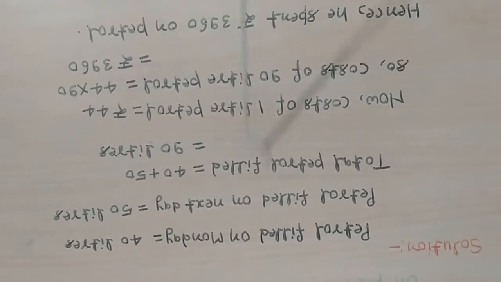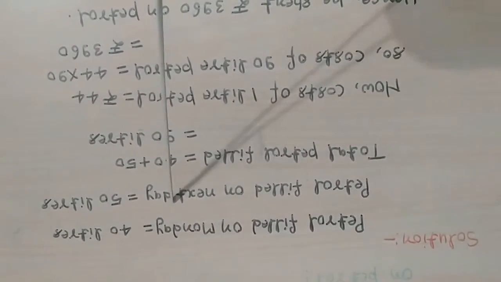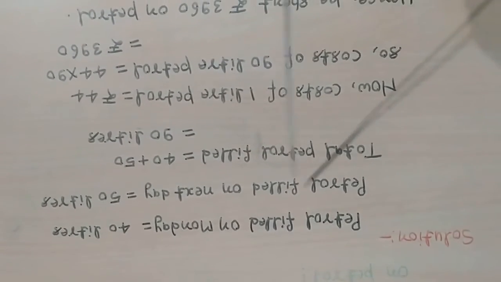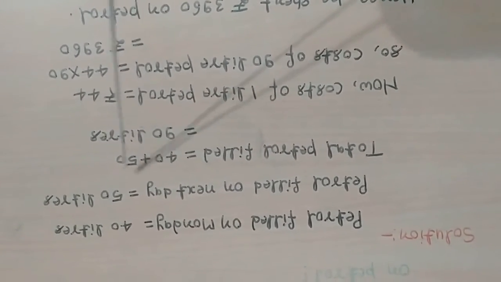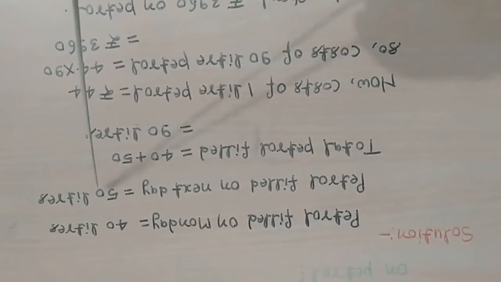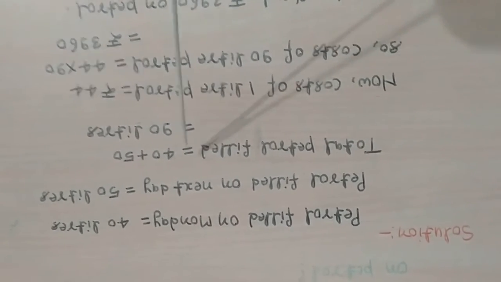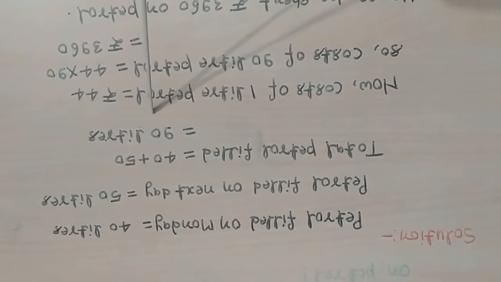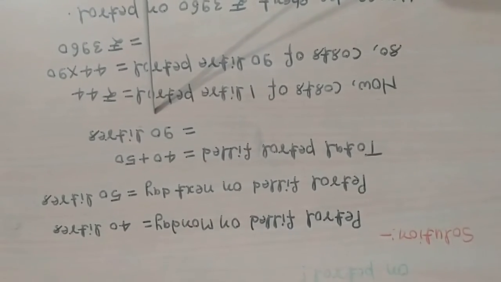Here, petrol filled on Monday is 40 liters according to the question, and the petrol filled the next day is 50 liters. So total petrol filled is 40 liters plus 50 liters, which becomes 90 liters.